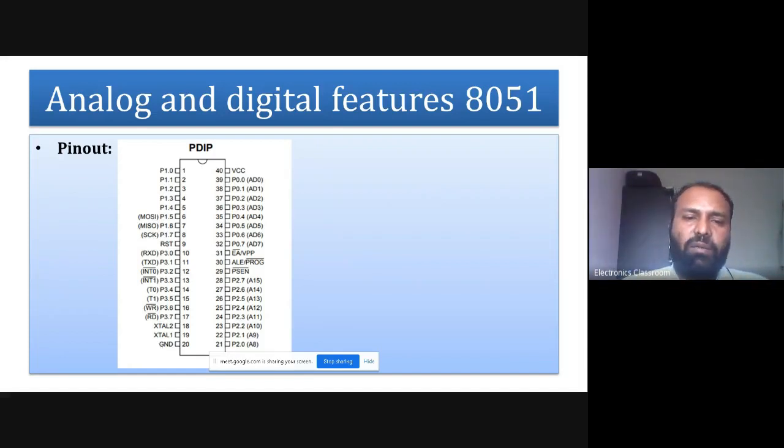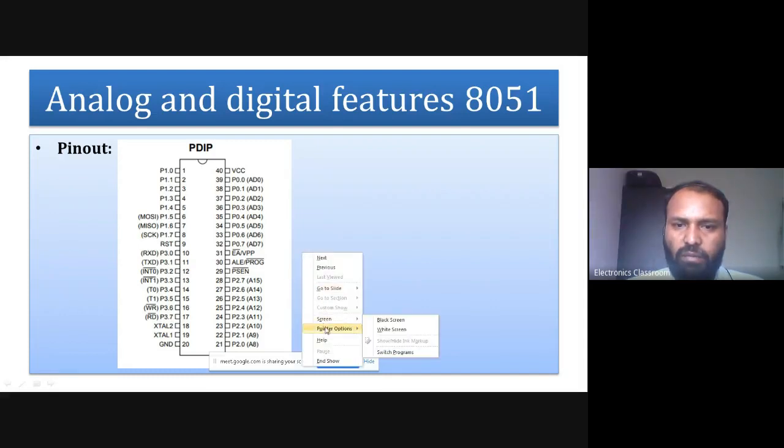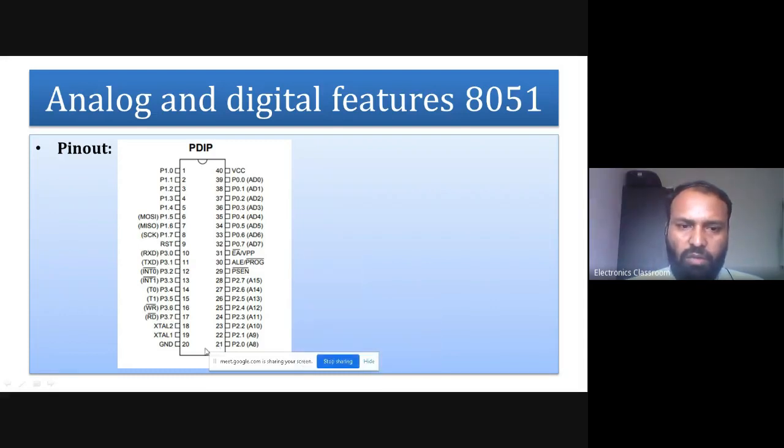Now we will see pin number 21 to pin number 28. Those pins are used for port 2.